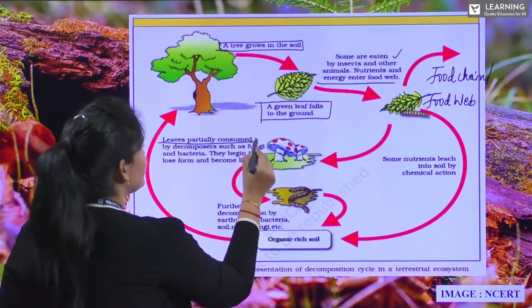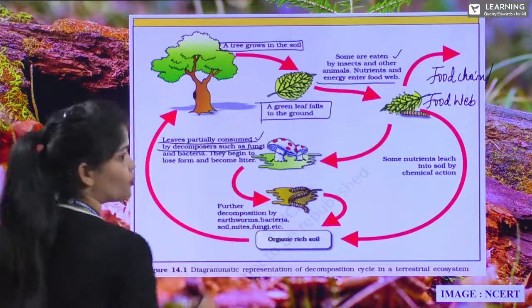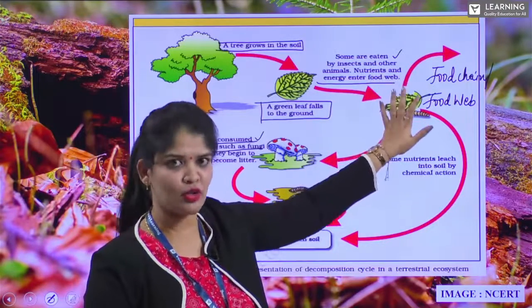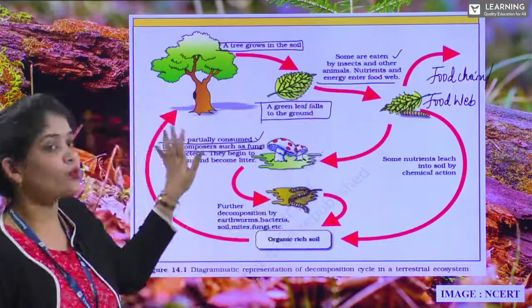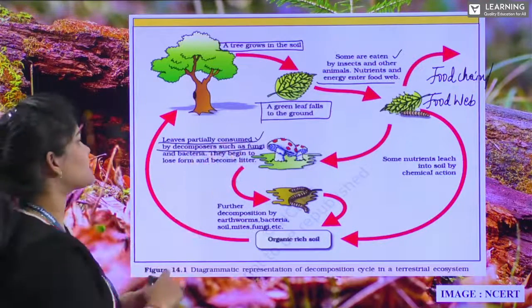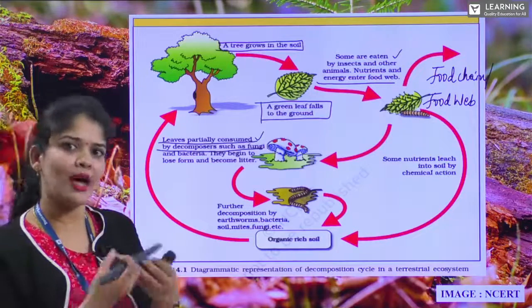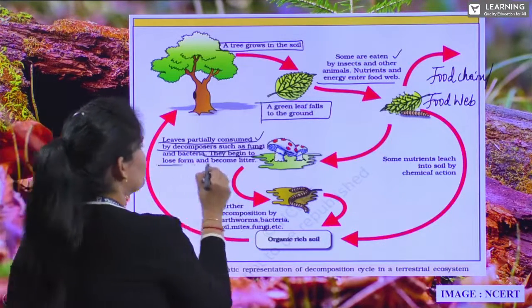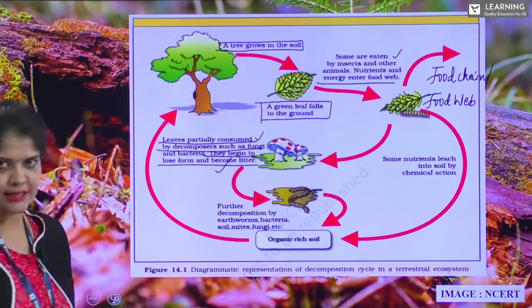And sometimes leaves are partially consumed by the decomposers. Here it is all about the insects, birds, which feed on it. It may undergo the process of decomposition by the presence of decomposers. What do we mean by decomposers? Like microbes, bacteria, fungi, and they may lose form and become litter.